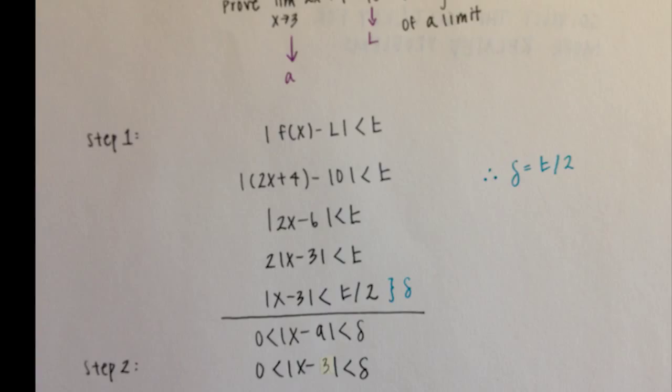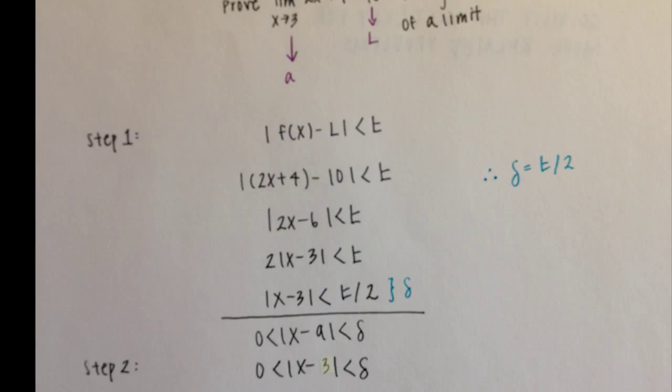So we're going to start with the absolute value of f of x minus L, which is less than epsilon. And now we're going to plug in the values that we know. So the absolute value of 2x plus 4 minus 10 is less than epsilon, because f of x is 2x plus 4 and L is 10. So now we're going to factor out the 2 and bring the 2 to the other side to simplify the expression.